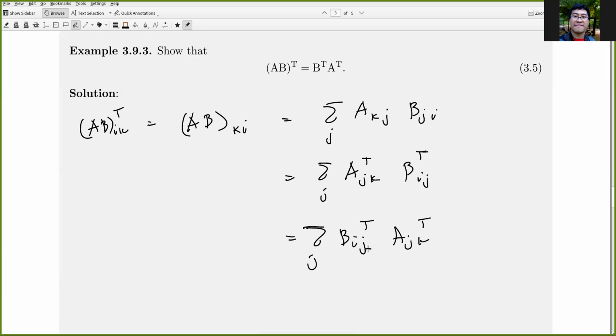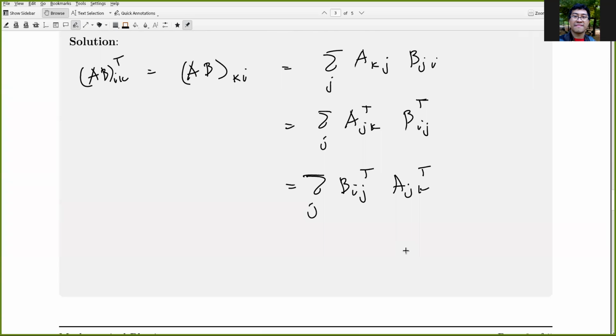This is again our notation, where the J's are in the middle between I and K. So this can be written compactly as B transpose times A transpose, and this would be the ikth component or matrix element. This equals this, ik and ik, so you have (AB) transpose equals B transpose times A transpose.